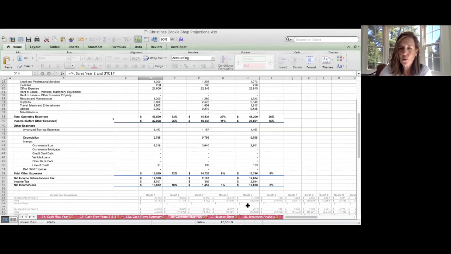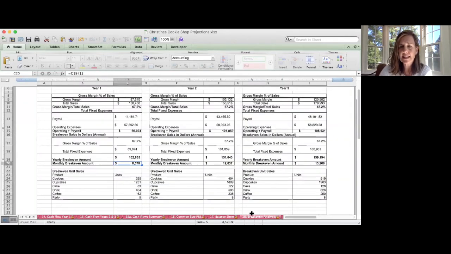Now, some of the tools that I like to look at, we do have this break-even analysis, which is tab 18. I think this is a very helpful tool. Once you've loaded in your expense structure and your payroll, this will spit out what your monthly goals should be.